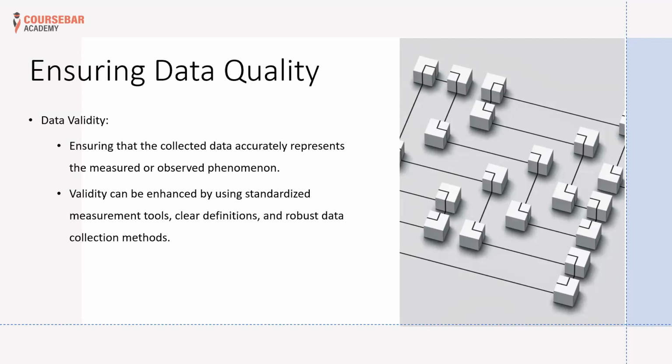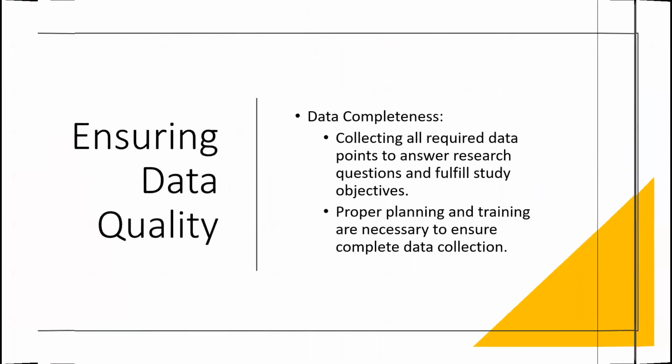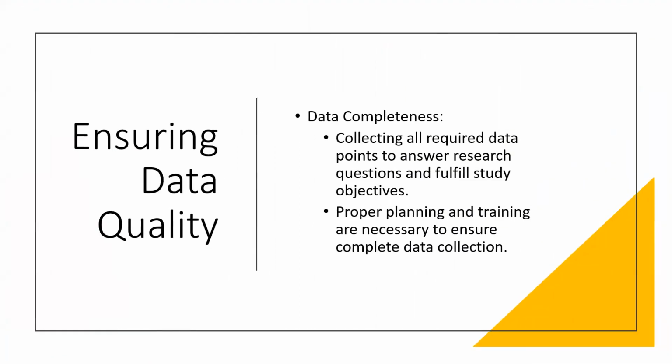Validity can be enhanced by using standardized measurement tools, clear definitions, and robust data collection methods. So what this simply means is that we are going to use standardized methods for the analysis and review of data. Another process is called data completeness.